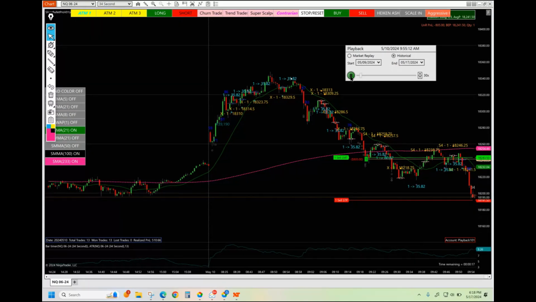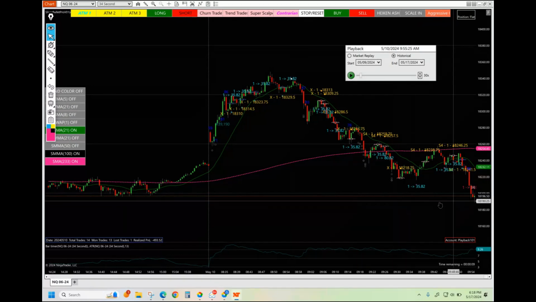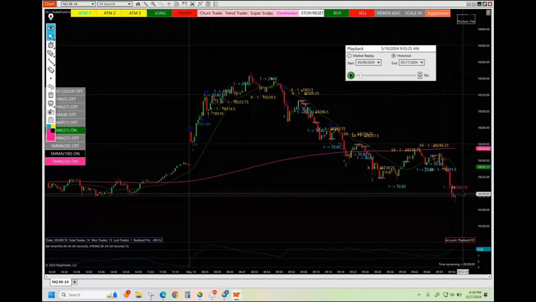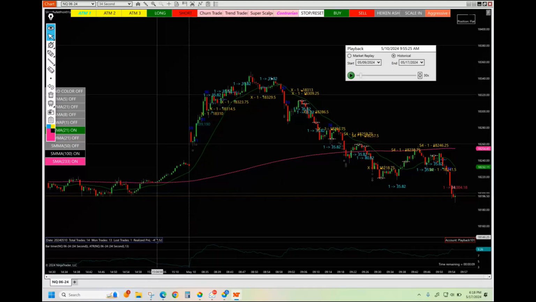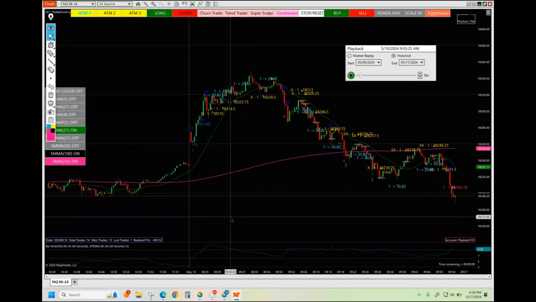Stop filled. It was $800 of loss here, $840. So I made 500 something, I lost 500, and this extra 500 loss I'm showing now. So this is what overtrading does.